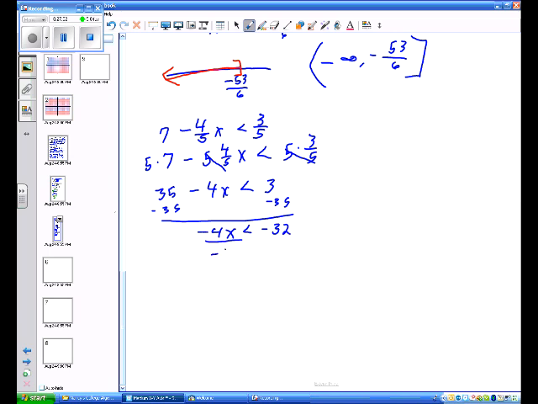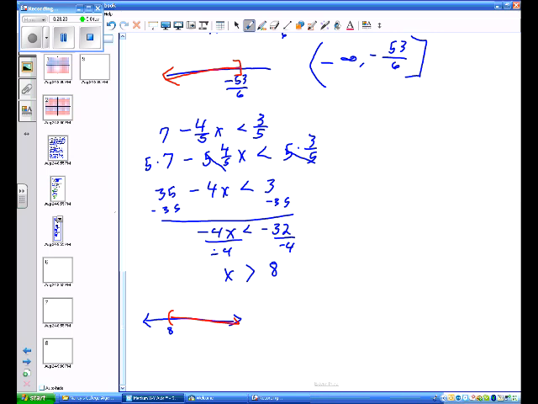Dividing both sides by negative 4. Now, since we divided both sides by a negative number, we have to change that inequality, and that would give us x is greater than positive 8. So if we graphed it, we have 8, and we're talking about what's greater than that, but it doesn't include the 8.